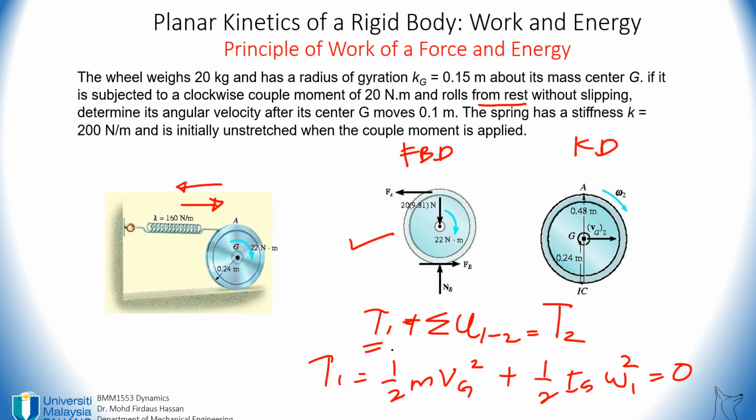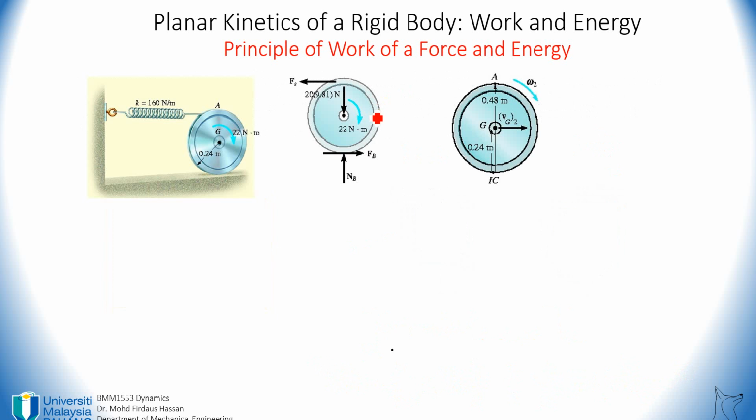And then we have T2, the kinetic energy at point 2 after G displaces about 0.1 meter.